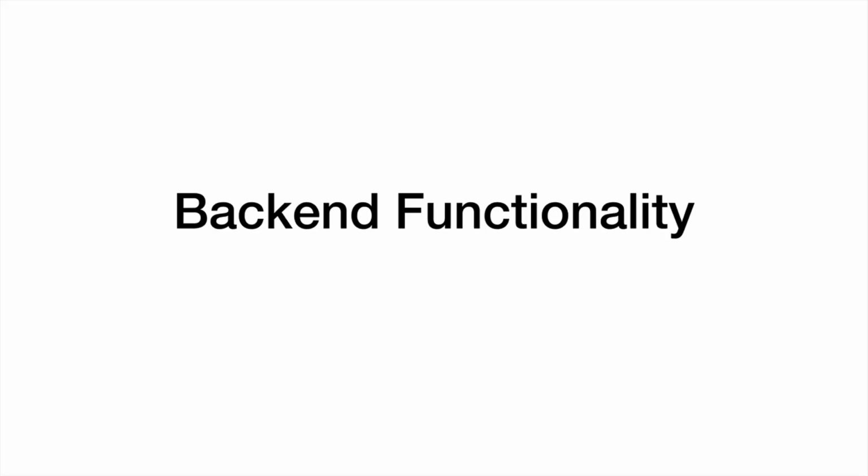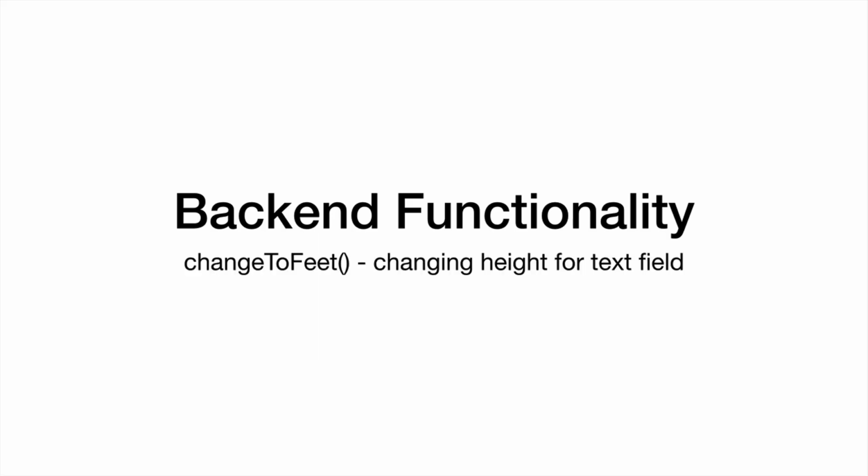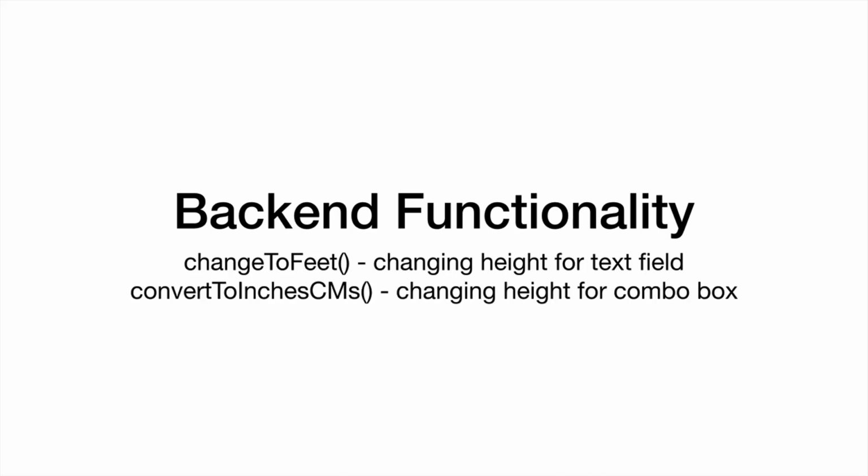Then on the back end, we split up our functionality into three main functions. The first one was to accommodate the height calculations if we're dealing with the text field. Then we had another area with the drop-down combo box. So we had to also contend with the user making changes there, and we calculate an overall height in that case also.